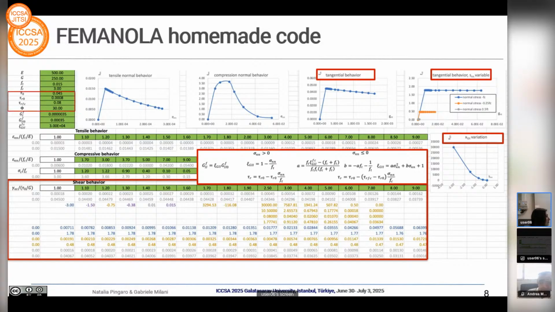So basically the peak tangential strength and the residual one, the friction angle, the shear modulus, and a certain fracture energy, which in this case works in mode 2, and a non-dimensional parameter C, which follows a parabolic trend, as it is possible to see in the chart reported in the right part of the slide.